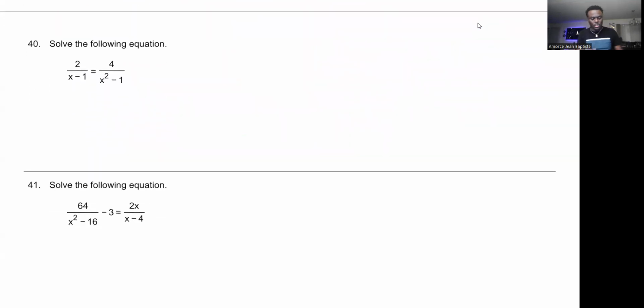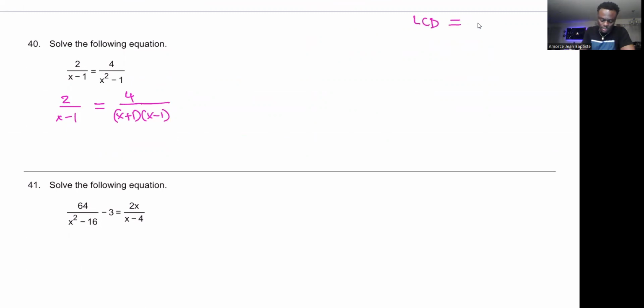Let's play with this one here. So this one is, we need to factor because I see a difference of squares in the denominator. So let's see the factored form first. 2 over x minus 1 equals 4 over x plus 1 x minus 1.